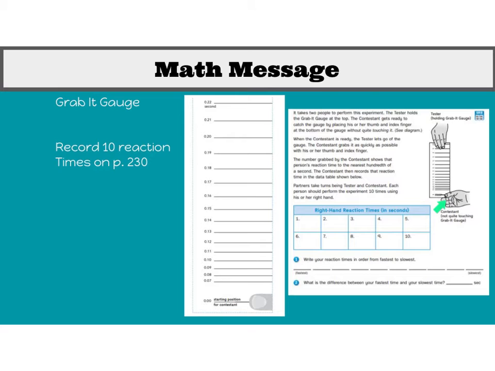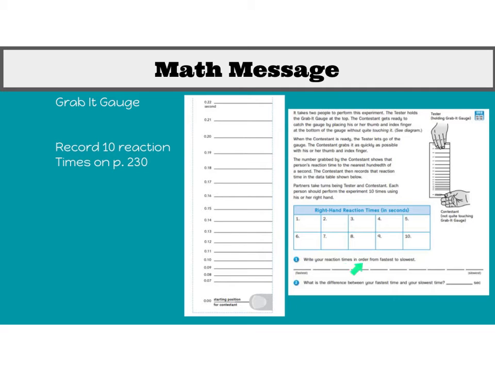So you can see here, when the contestant is ready, the tester lets go of the gauge. The contestant grabs it as quickly as possible with his or her thumb and index finger. The number grabbed by the contestant shows that person's reaction time to the nearest hundredth of a second. The contestant then records that reaction time in the data table shown below.